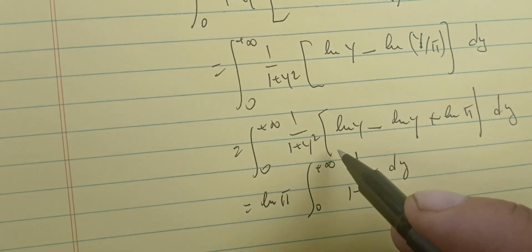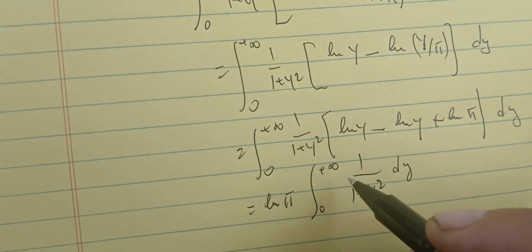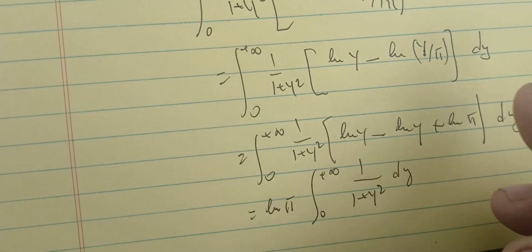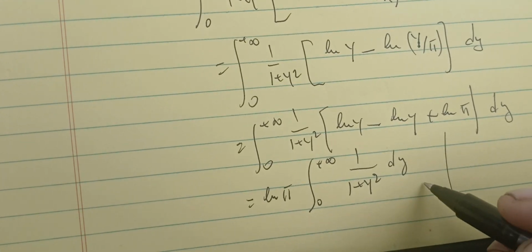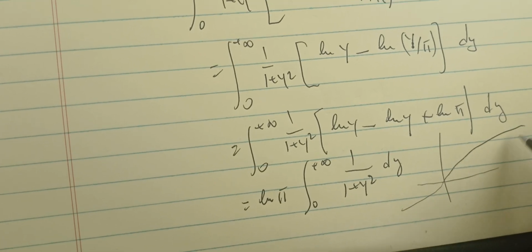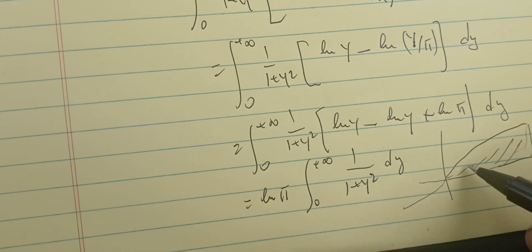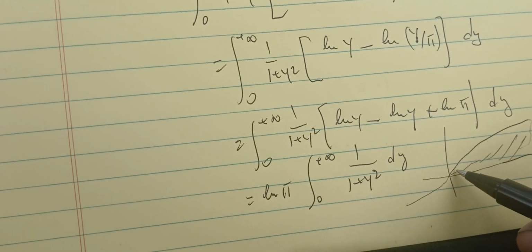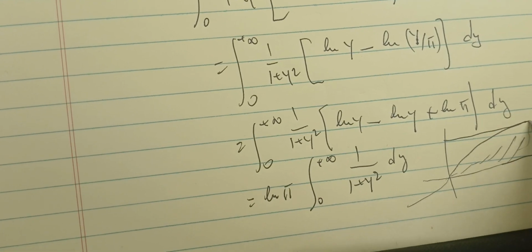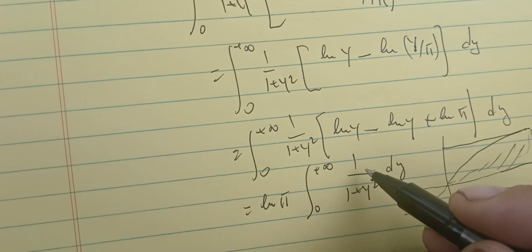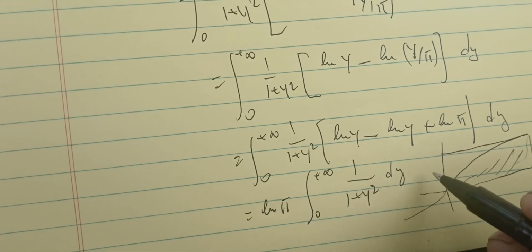Here I can find this one without using the definition, because I know that the primitive of this one is the arctangent. So I know this area between 0 and plus infinity is just pi over 2. If we integrate, we get the arctangent of infinity, which is pi over 2, minus arctangent of 0.